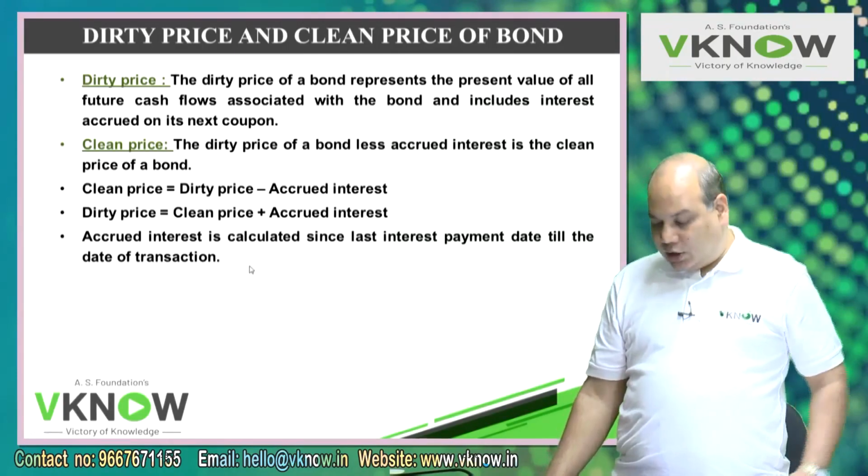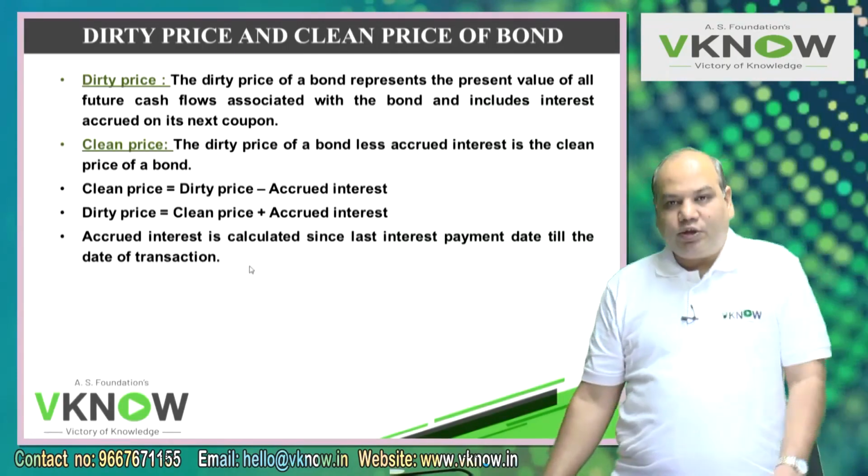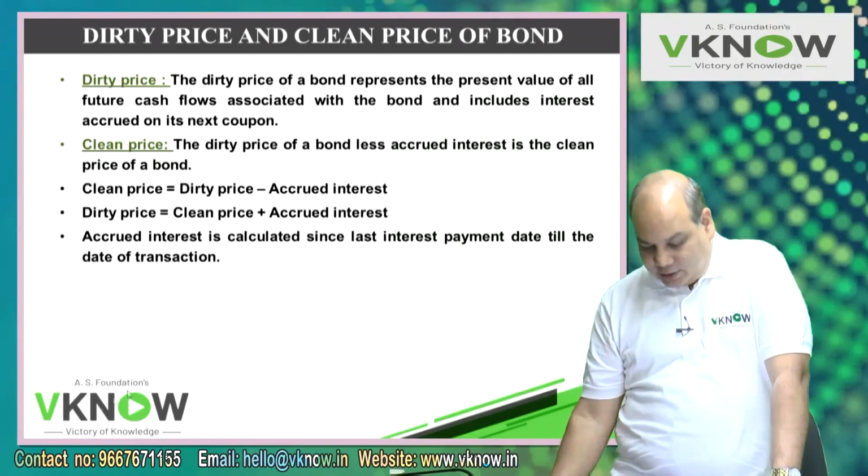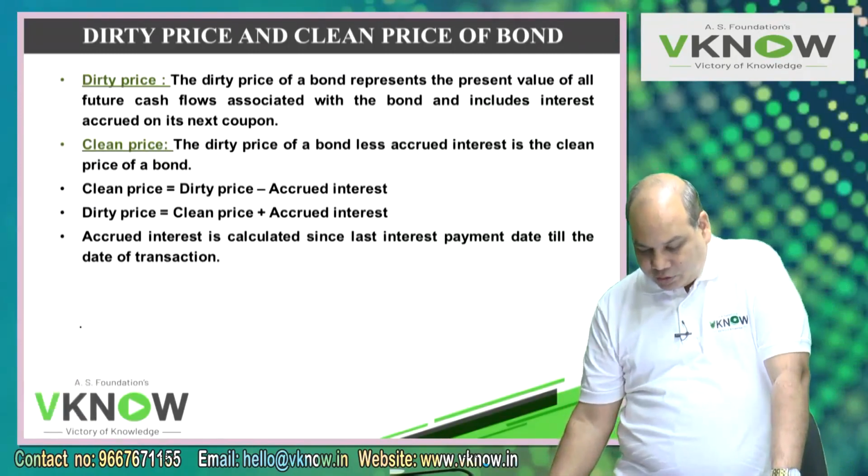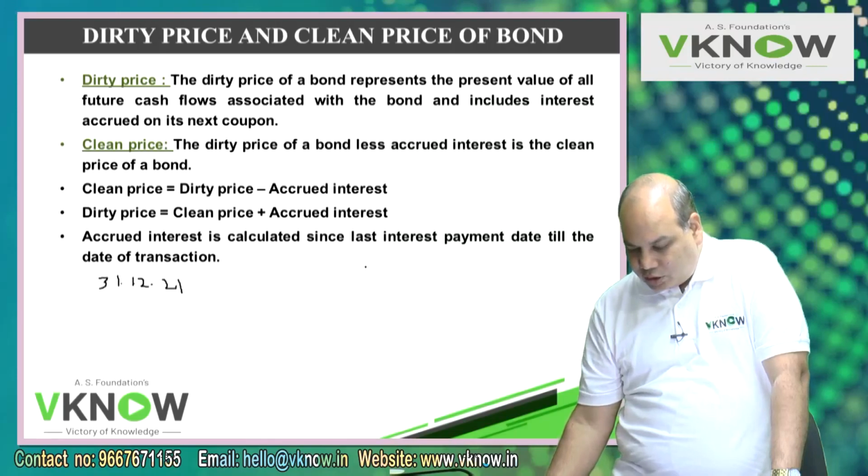Accrued interest is calculated since the last interest payment date till the date of transaction. Suppose the last interest was paid on 31st December 2021 and the transaction is taking place on 1st May 2022.